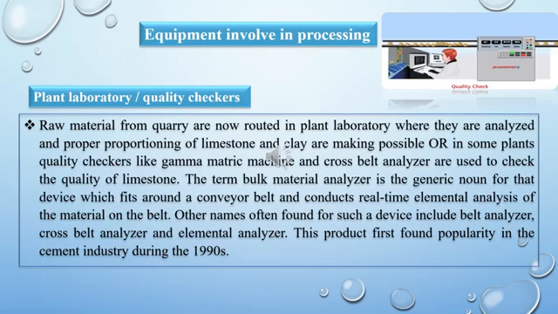At the end of that lecture, we have discussed the machinery which is being used in the cement industry. And first of all, we have discussed excavators. We have said that excavators are being used for digging the rocks which are softer rocks.